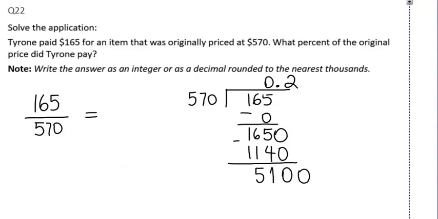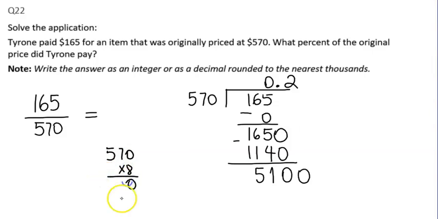Let me do it on this side. 570 times 8. 0, 56, 5, 45. Seems good, right? Should I try 9? No. 9 is 45 plus 6, 51. It would pass. All right, let's put the 8 here.